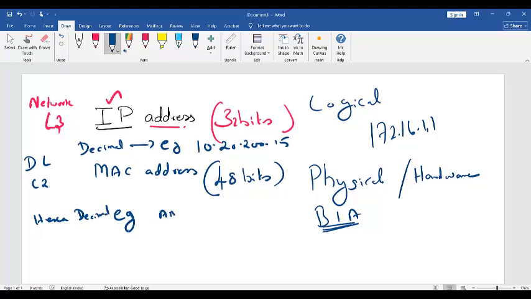You will see A, B, C, D, E, F. Just for example, I am writing 01, 0C, 09. Alright, so this is an example of a MAC address.